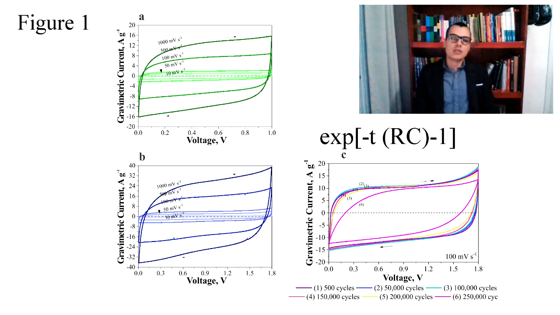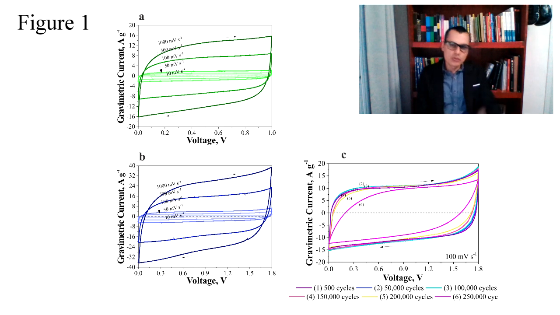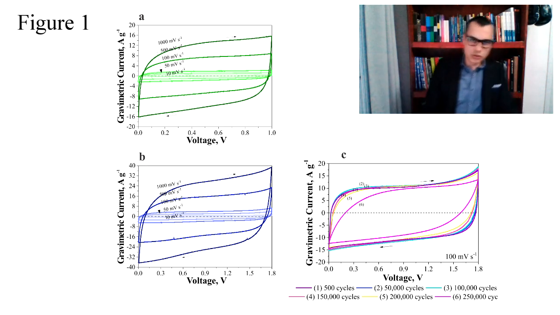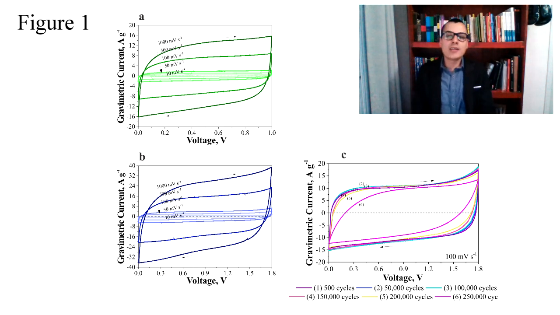In addition, this quasi-rectangular shape, even at high scan rates around 1000 millivolts per second, shows excellent capacitance retention and excellent power characteristics, since we can also observe a low equivalent series resistance. Besides that, we don't find any redox peaks, as you can see looking at these figures, indicating excellent electric double layer capacitive characteristics.